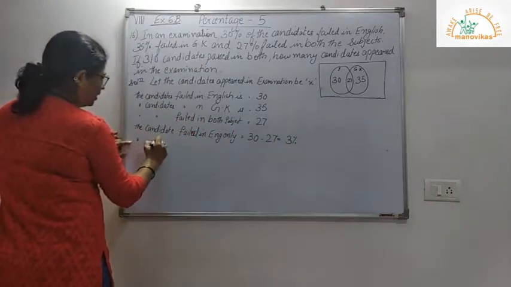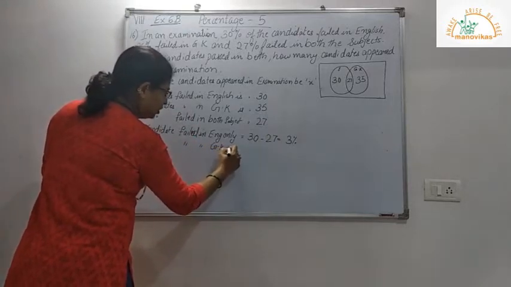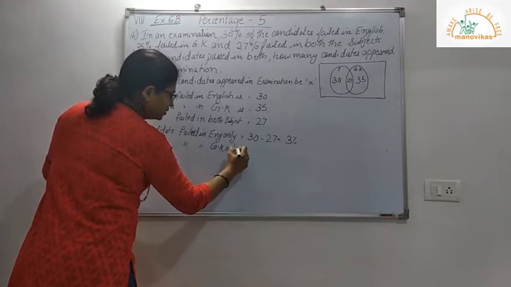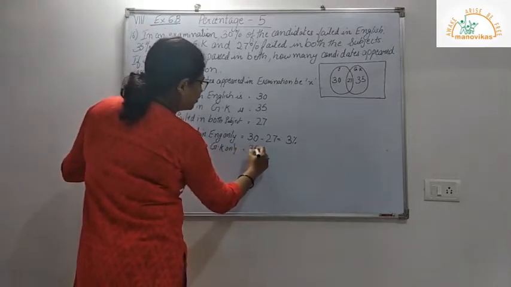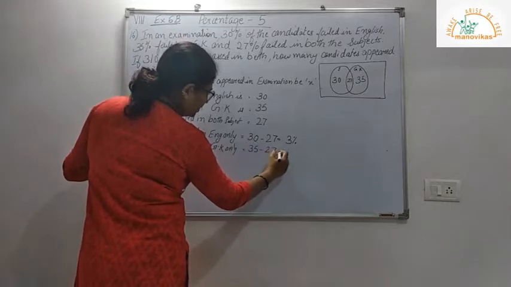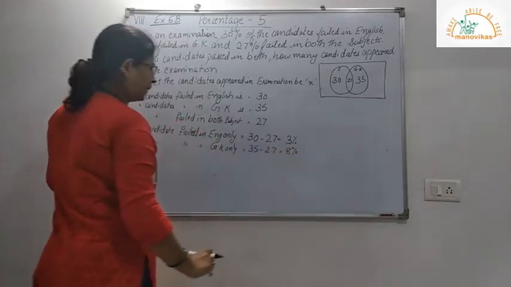Now the candidate failed in GK only is 35 minus 27, which is equal to 8%.